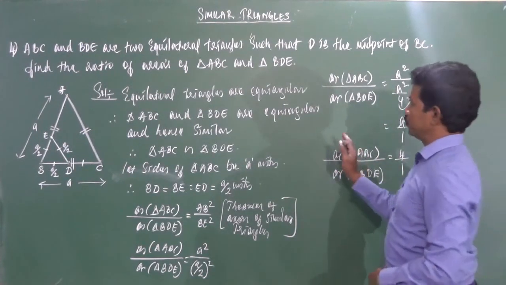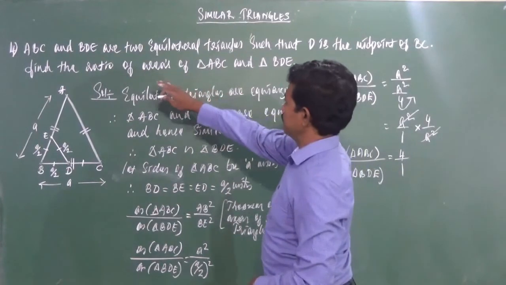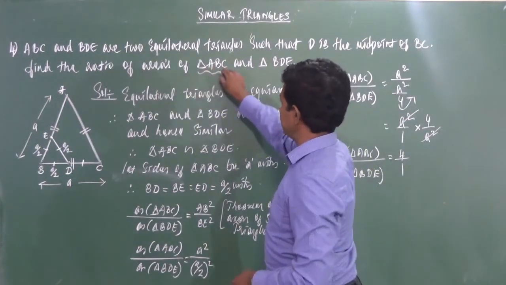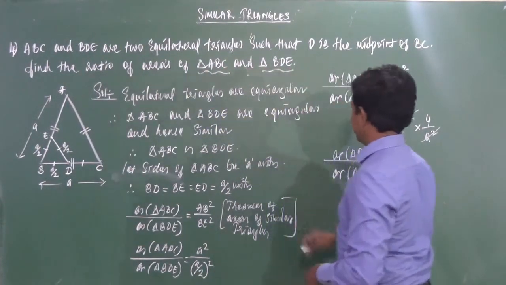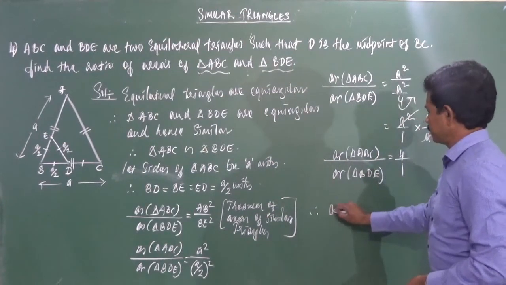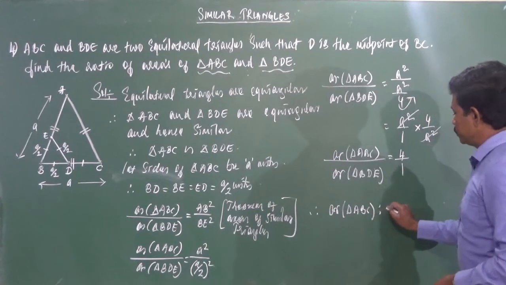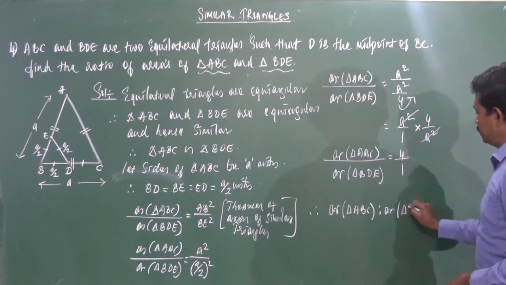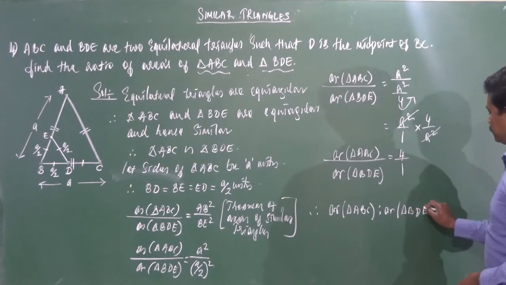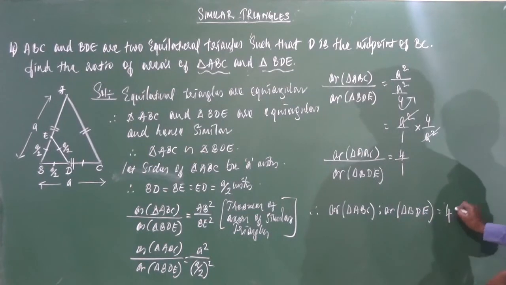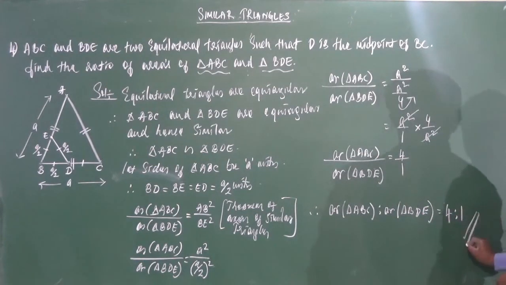So the ratio, what it is asked, find the ratio of areas of triangle ABC is to triangle BDE. So therefore area of triangle ABC is to area of triangle BDE is equal to 4 is to 1. So this is the answer.